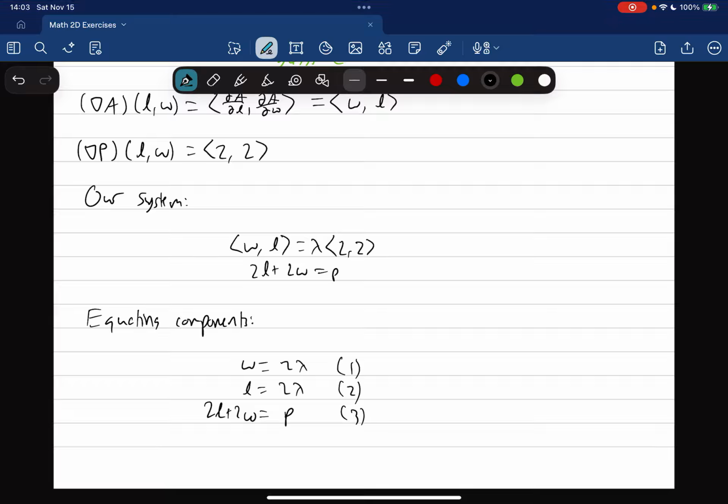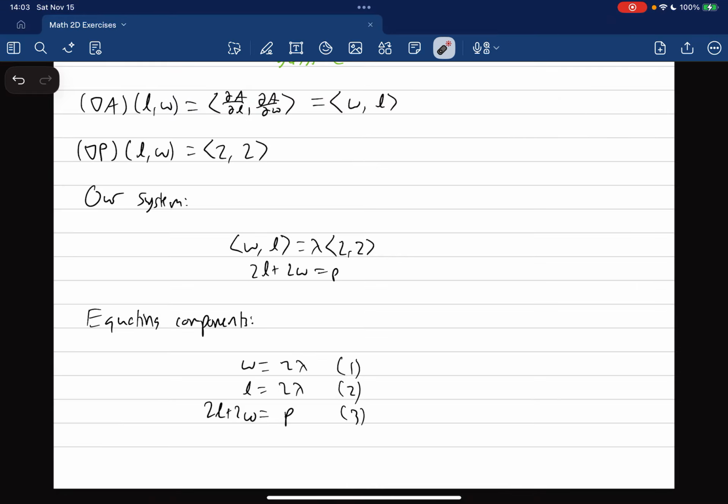And at this point, I think it's wise for me to say that sometimes with these Lagrange multiplier problems, you will need to solve for lambda. It's interesting to point out, though, that in this problem, that's actually not necessary. We can actually get away with finding out what W and L are without having to solve for lambda.